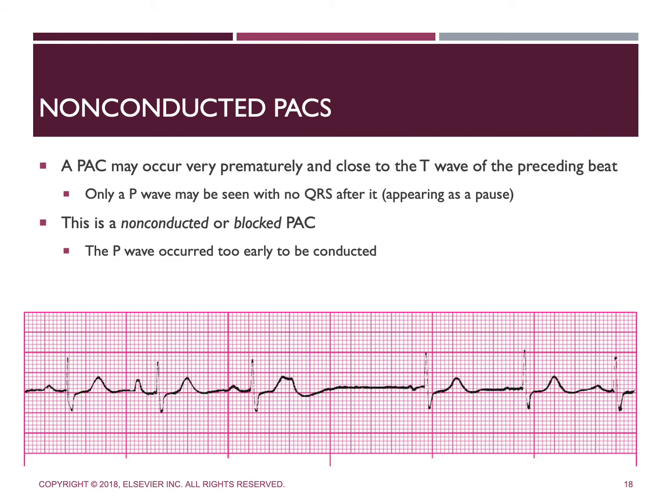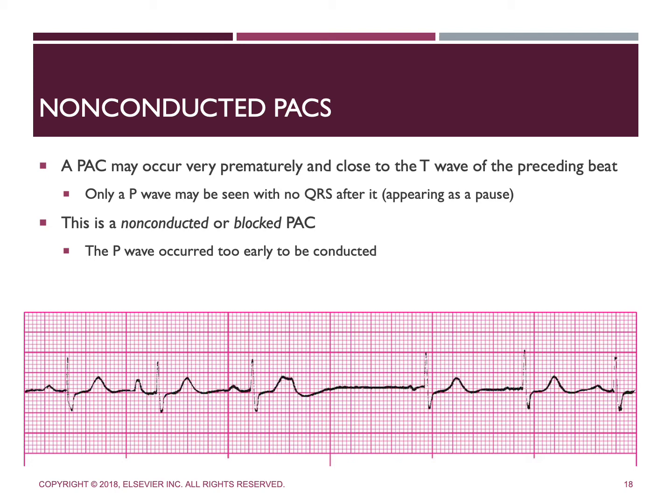Now, sometimes when a PAC occurs very early and close to the T wave of the preceding beat, only a P wave may be seen with no QRS after it, so it appears as a pause. This type of PAC is called a non-conducted or a blocked PAC because the P wave occurred too early to be conducted.